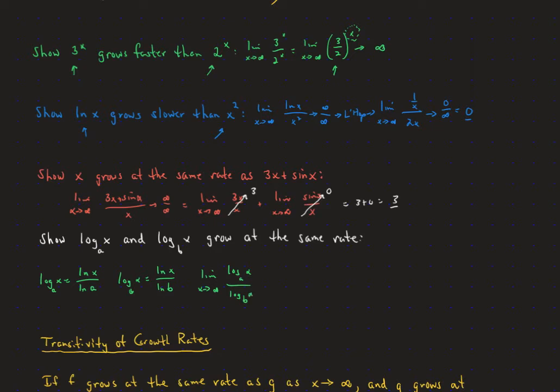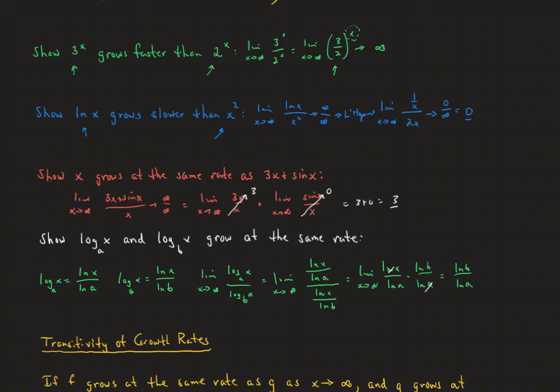So if we take the limit as x goes to infinity of log base a of x over log base b of x, that's taking the limit as x goes to infinity of natural log x over natural log of a over natural log x over natural log of b, which is going to be that limit as x goes to infinity of natural log x over natural log a times, we'll multiply by the reciprocal, and we will get these things that are going to infinity to cancel, and that will become just natural log b over natural log a.